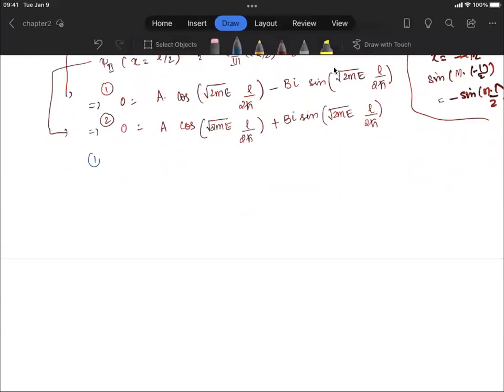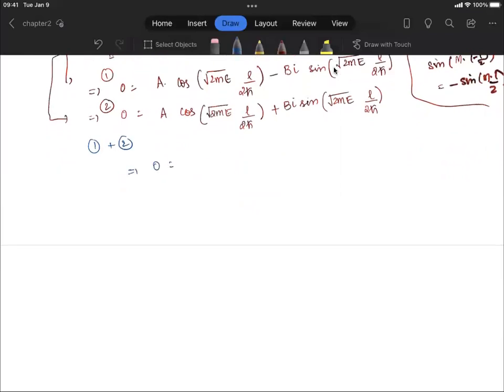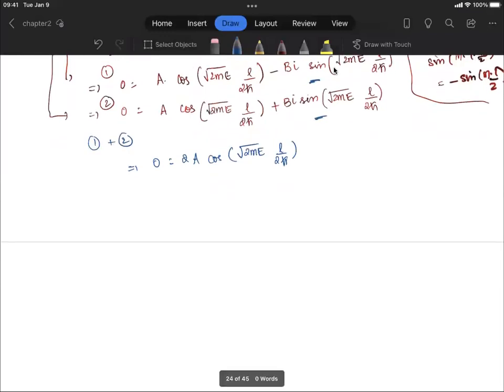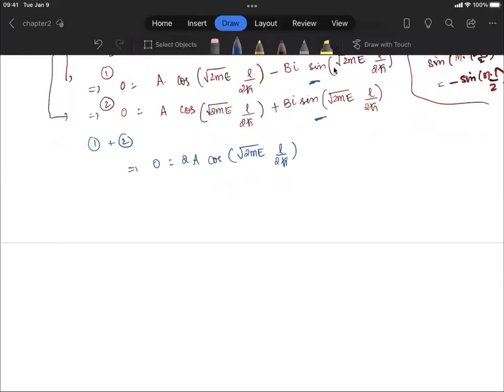Now, if I were to add equations 1 and 2, that would give me 0 equal to 2 times a times this, because these two terms get canceled, the sine terms get canceled. Now, if I were to divide this whole equation by 2, then yeah, simply do that.